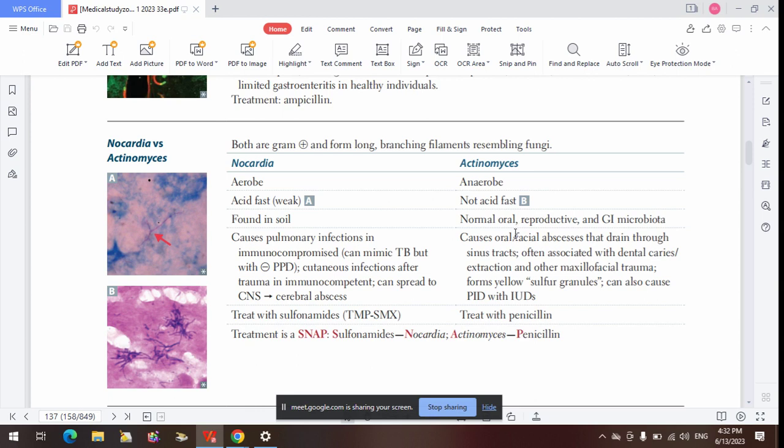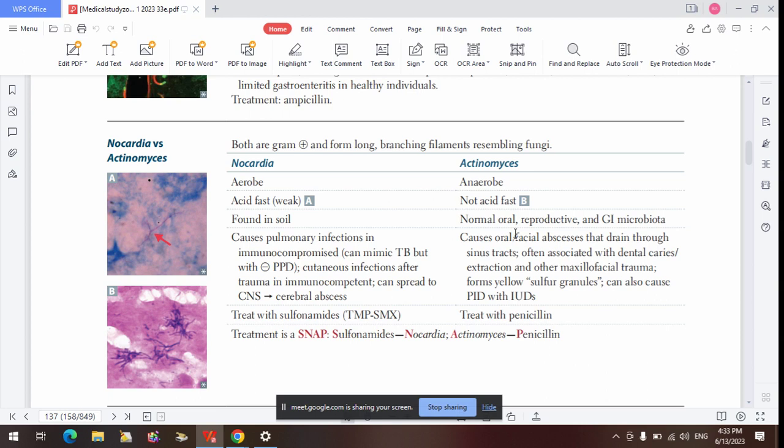So when somebody undergoes a procedure, let's say a dental extraction, and there's injury to the teeth, with time there will be necrosis within that area. The tissues there will become devitalized. These actinomyces already there can start growing on those tissues. They start proliferating and causing a chronic inflammatory response in that area.